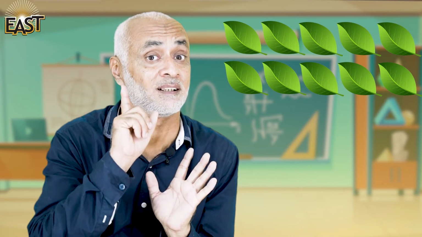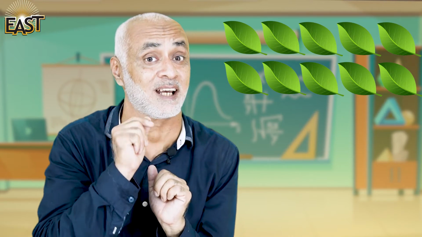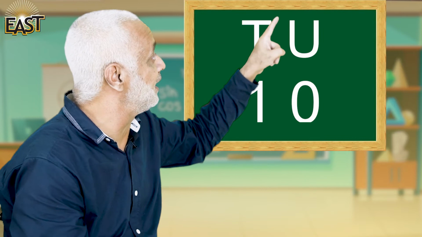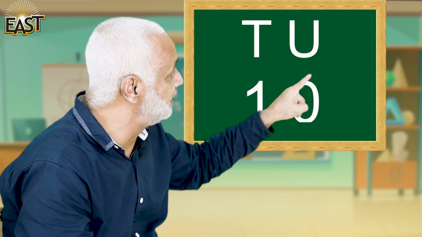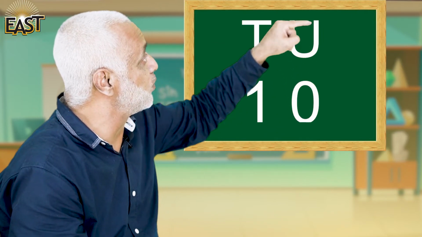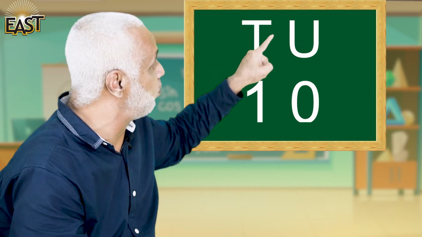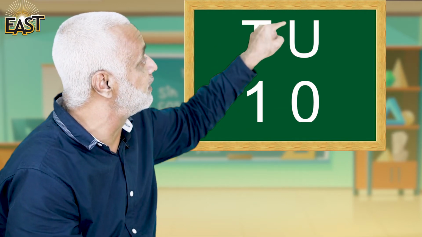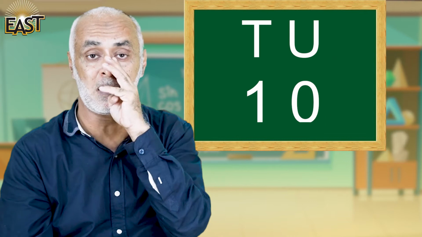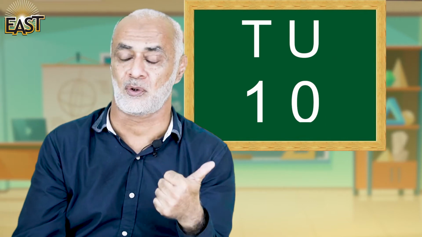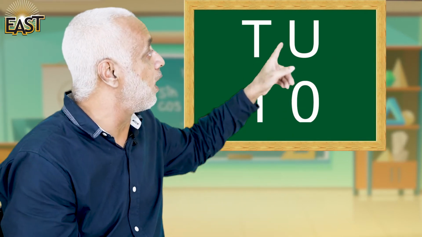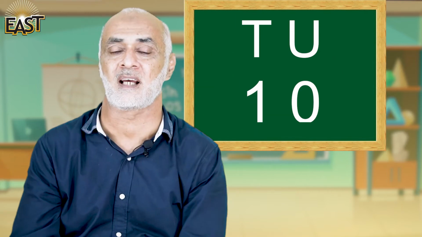That is 10. So you write 10 like this, 1 and 0. 0 you write under unit, and 1 you write under T, tens. Right? You got it? Good.